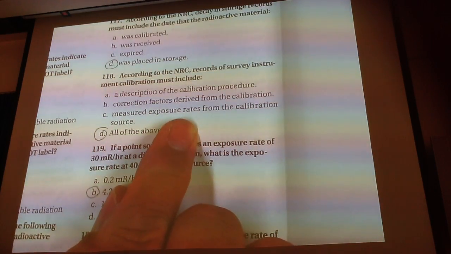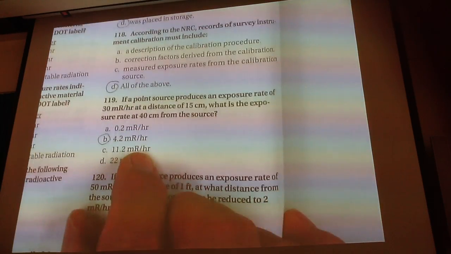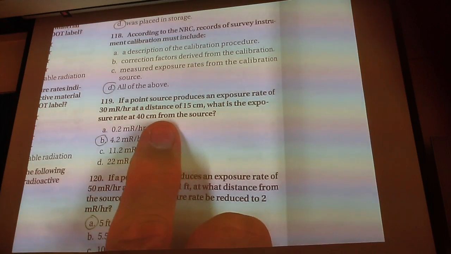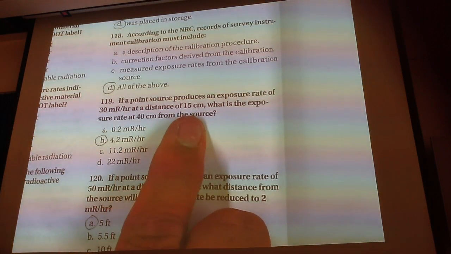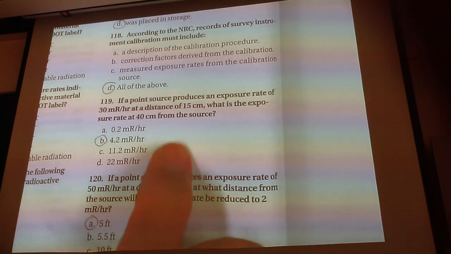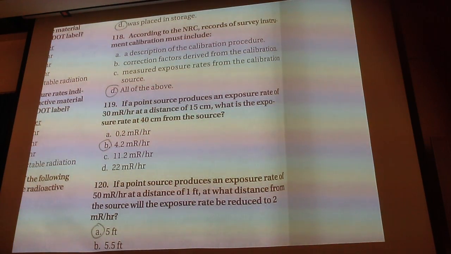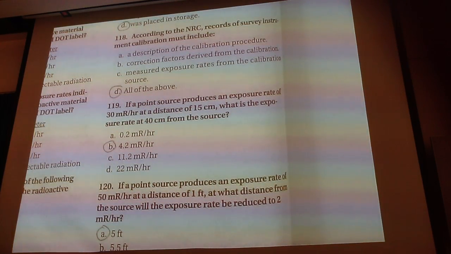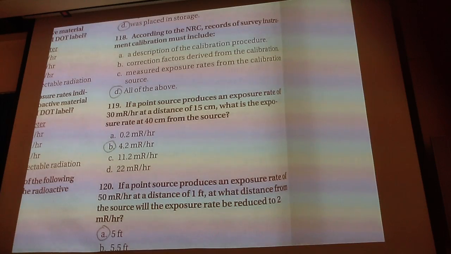Okay, next one here. A point source produces an exposure rate of 30 MR at a distance of 15 centimeters. What is the exposure at 40 centimeters? Okay, what procedure would you use for this? Is it the inverse square law? Okay, that's the inverse square law.